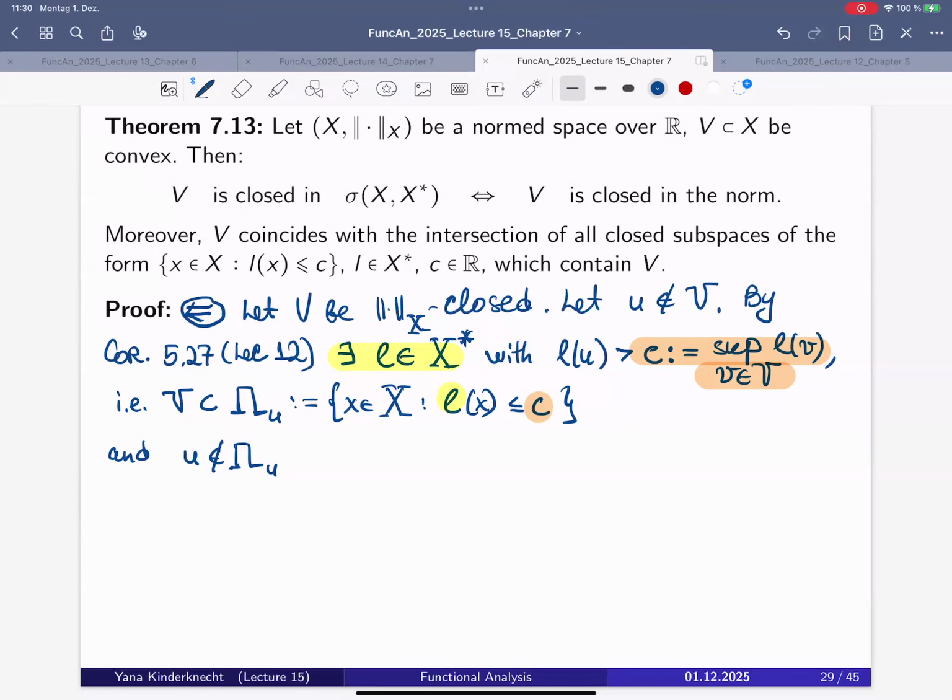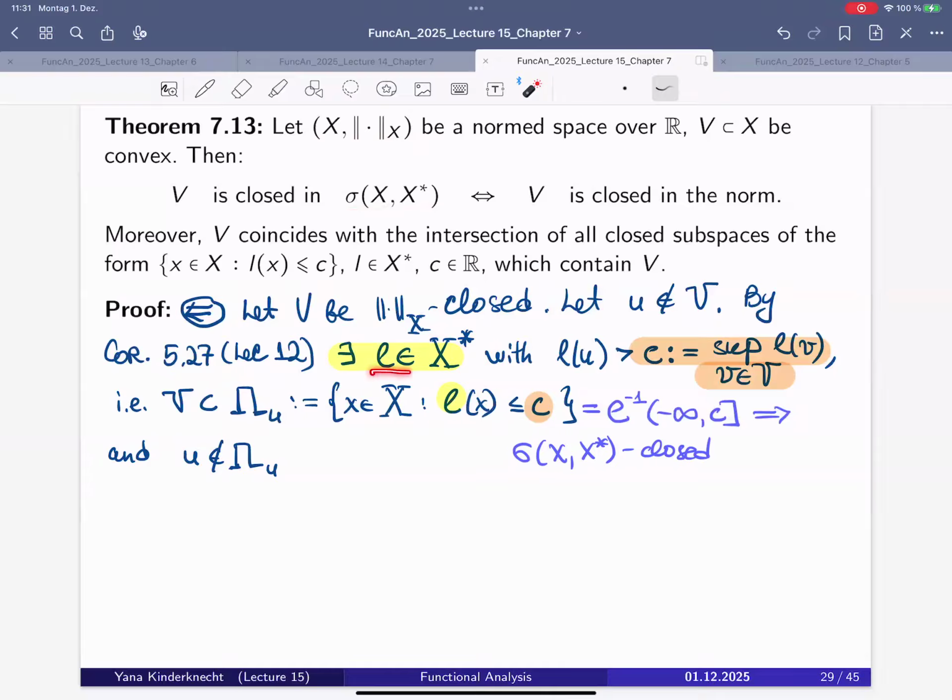Moreover, I can rewrite this set as the pre-image of this interval. By definition. Hence, this set is closed with respect to this weak topology. L belongs to this topological dual, which is the topological dual both for this space and for the space X with this topology.